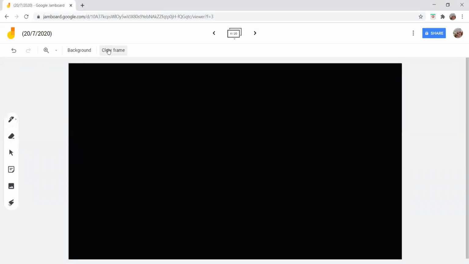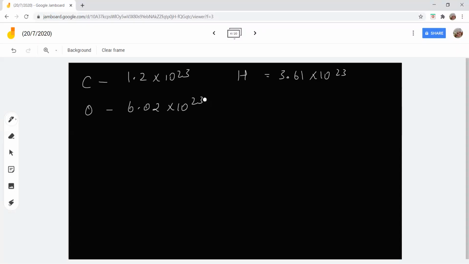Calculate the empirical formula if a given compound consists of carbon is 1.2 into 10 power 23 atoms, hydrogen that you have is 3.61 into 10 power 23, and oxygen that you have is 6.02 into 10 power 23. Can you tell the empirical formula?